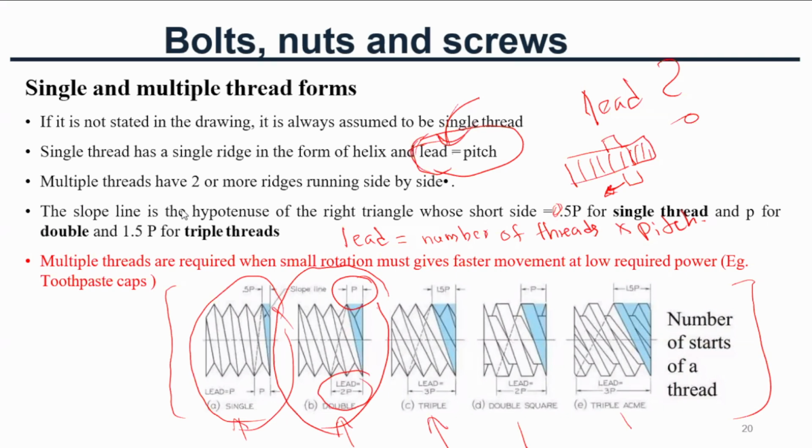For a triple thread the short side is 1.5 multiplied by P.